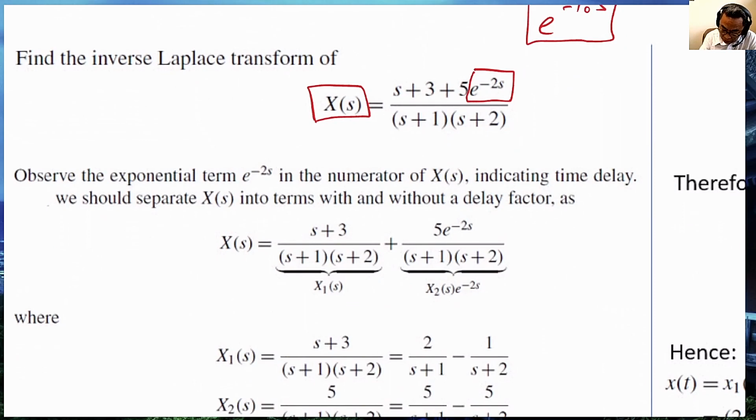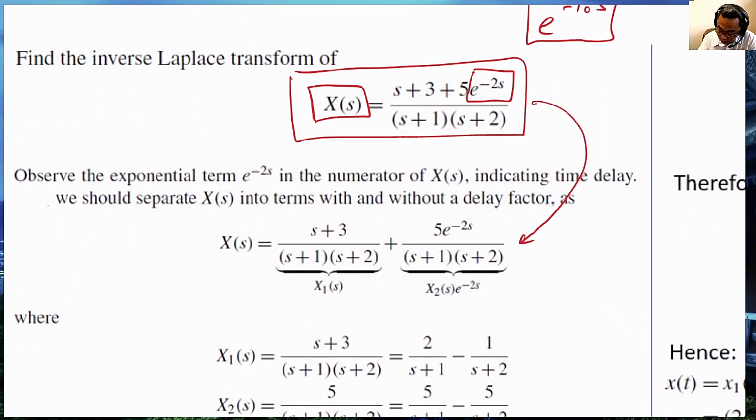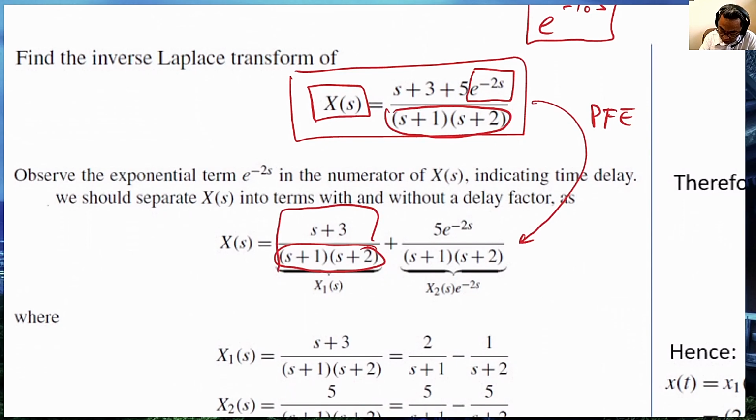So how do we take this complicated expression and break it up? Again, we use partial fraction expansion, and we have s plus 2 on the left hand side, and we'll collect only one of the expressions, which is s plus 3, and the other expression, 5e to the minus 2s, we'll do it here.